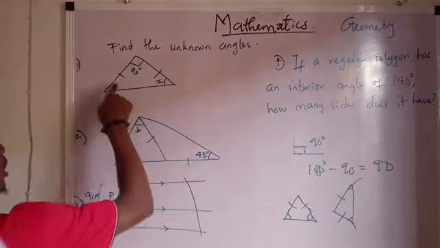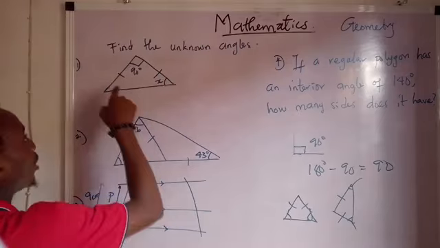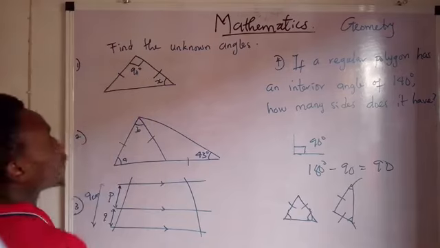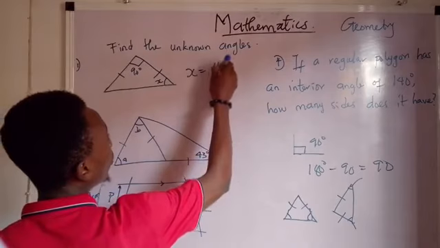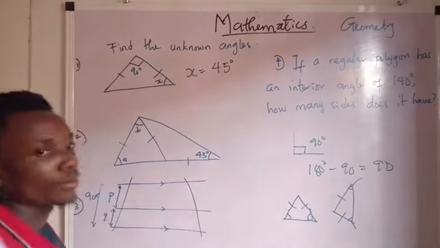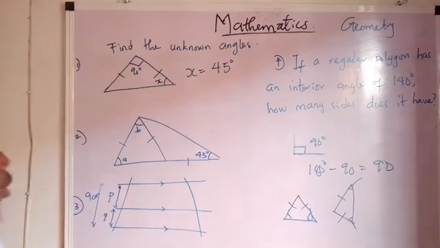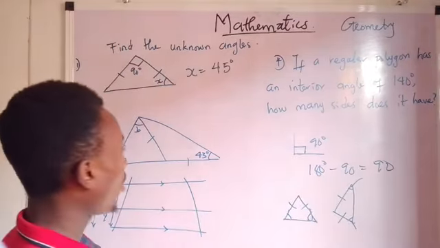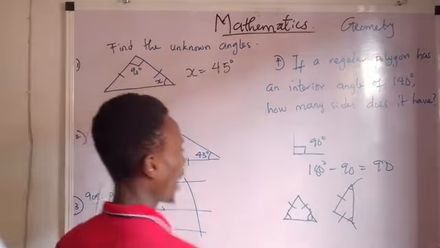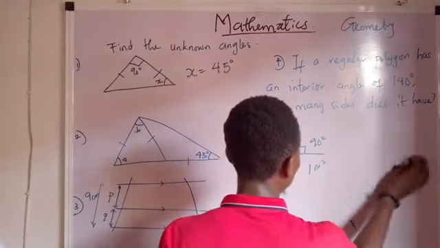It means that the 90 will be distributed equally, which will leave us with 45 here and 45 degrees here. So x is equal to 45 degrees. Now in a question, you might have to apply 3 or 4 theorems at the same time, and you might just have to apply 2 or even 1.